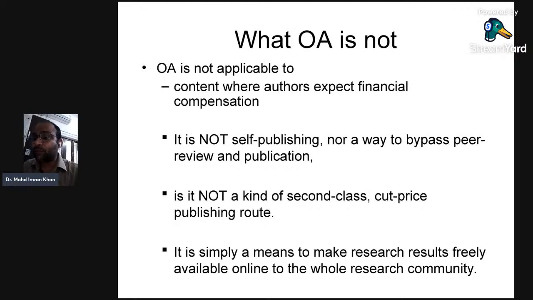It is not self-publishing. It's not a way to bypass peer review and publication. So please don't ever confuse that it is something wherein you write anything and then publish anything and then you submit it online, or you make it available at any platform. It's not something like this. It's not a way to bypass peer review.